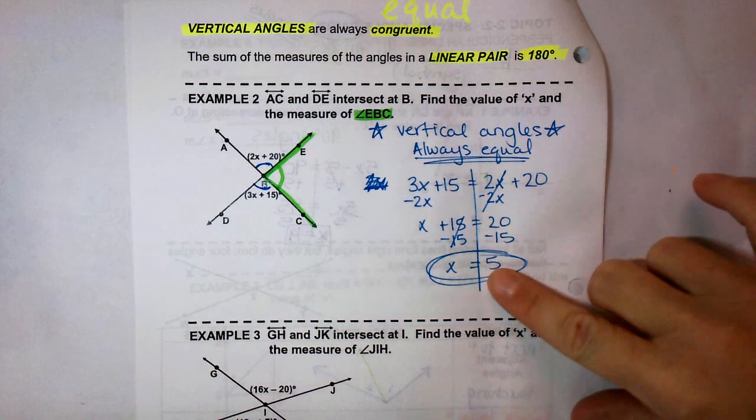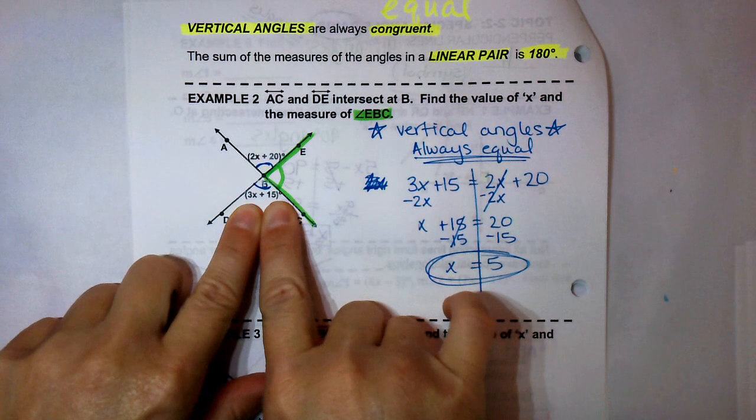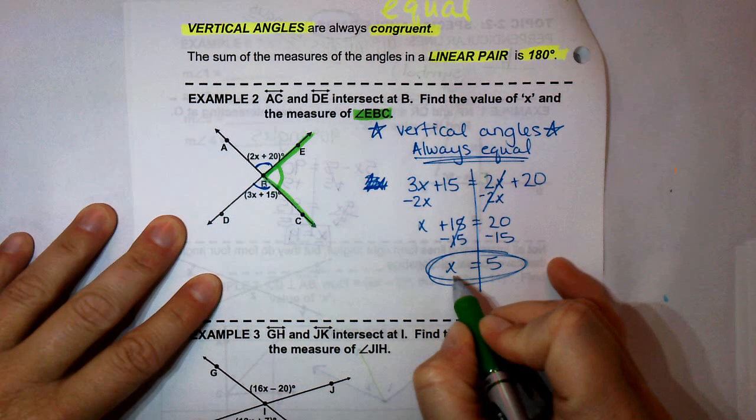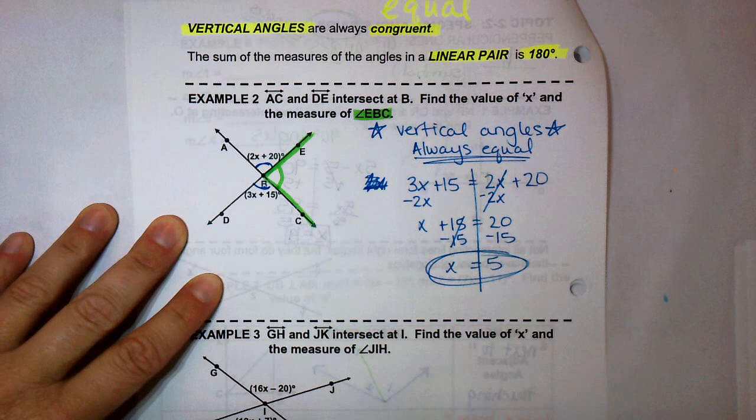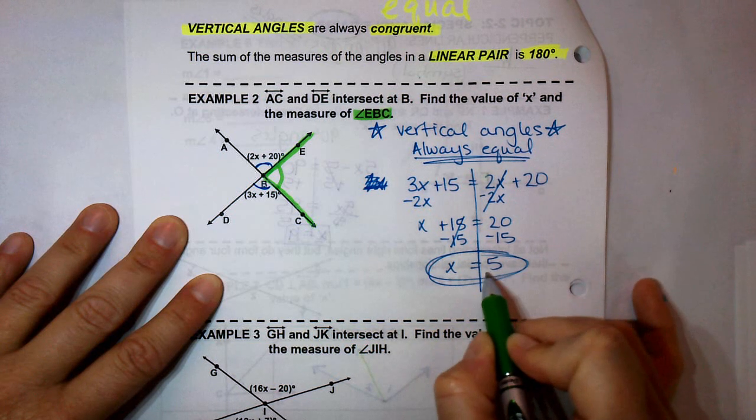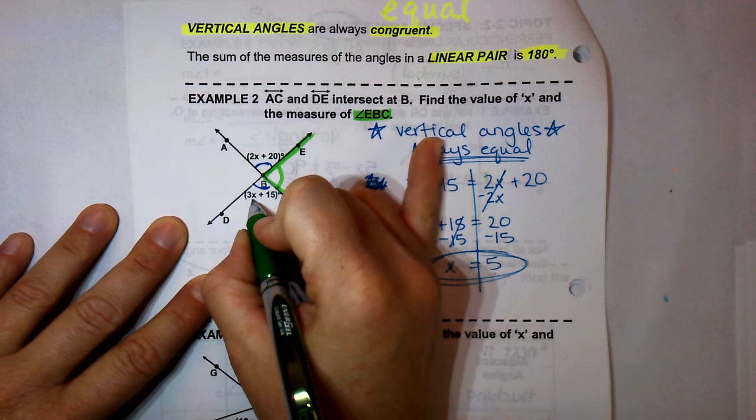So if I take this x and I get a number for this bottom angle down here. They're both equal 30, by the way. They're both equal 30 because if you plug in 5 into x, 3 times 5 is 15, plus 15 is 30. And if you do it onto the 2x, it would be 30 as well. Good. Because vertical angles are always equal. So I do have to get a number. So I'm going to take this x and I'm going to plug it in.